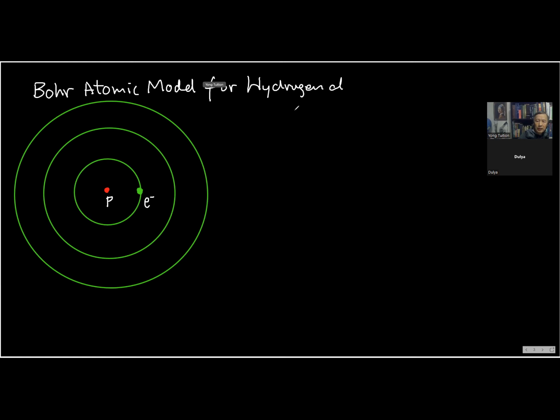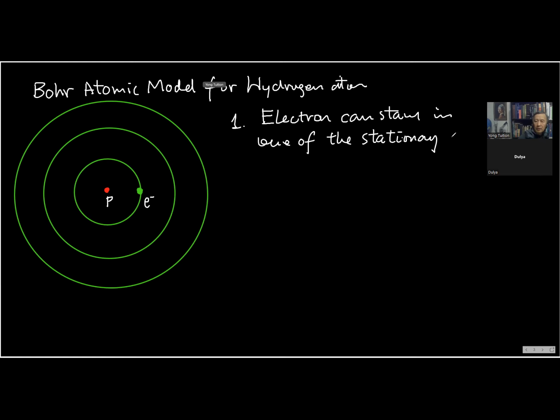The first thing is that the electron can stay in one of the stationary orbits. The stationary orbit is called a stationary orbit. Okay. In chemistry, this orbit is called a shell.